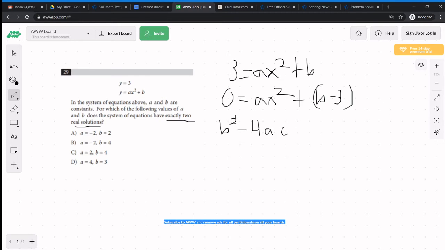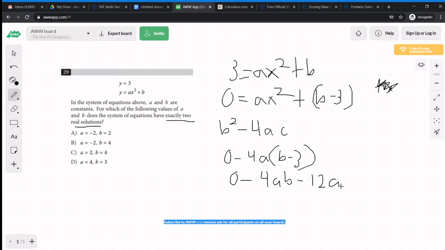So let's just try plugging some things in, right? A obviously is still a here. C now is b minus 3. And because there's no plus x value here, there's nothing here, that means the number next to it has to be 0, so that it gets cancelled out. So we're going to get 0 minus 4a, and then b minus 3. 0 minus 4ab minus 12a.